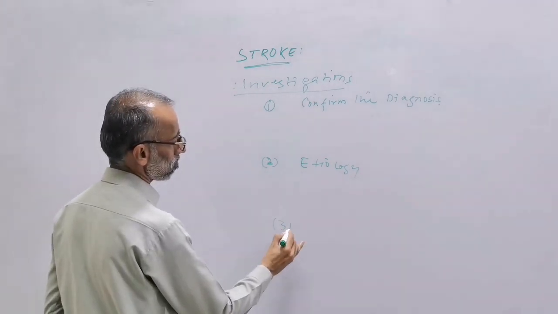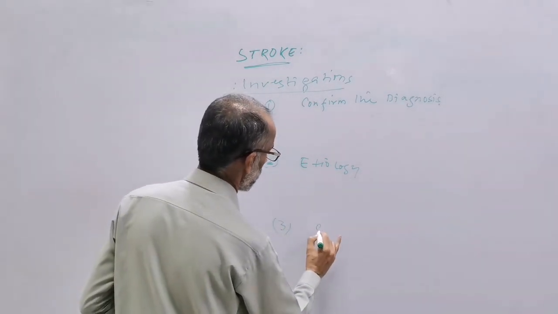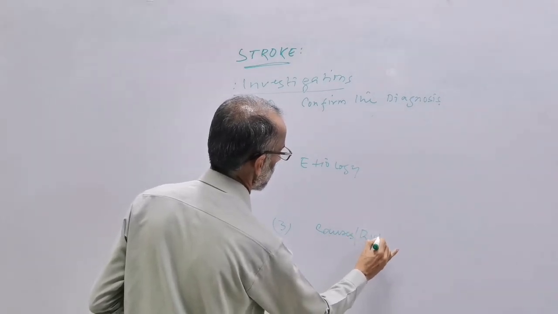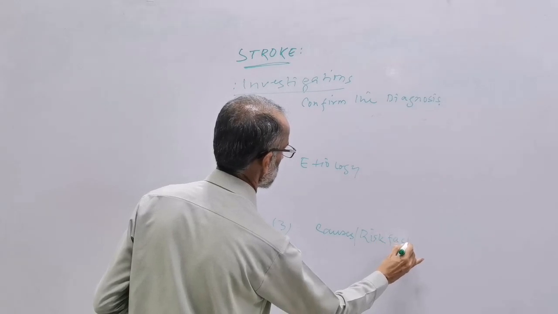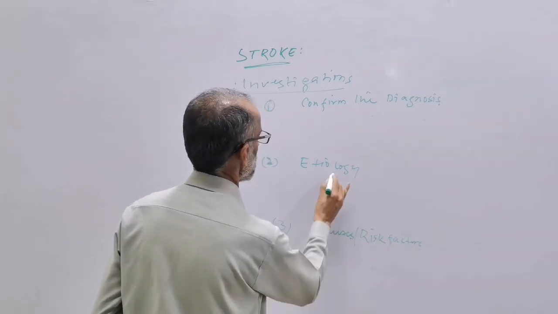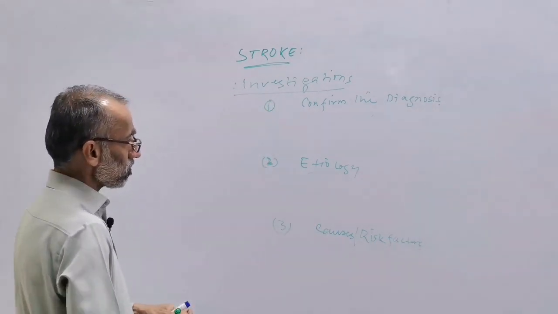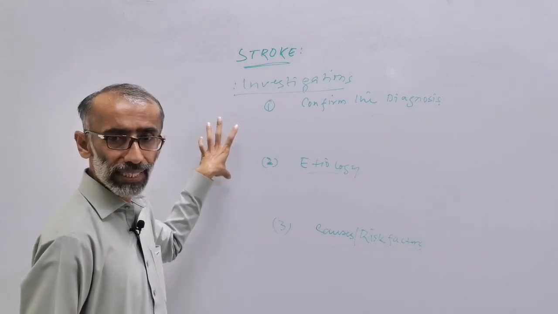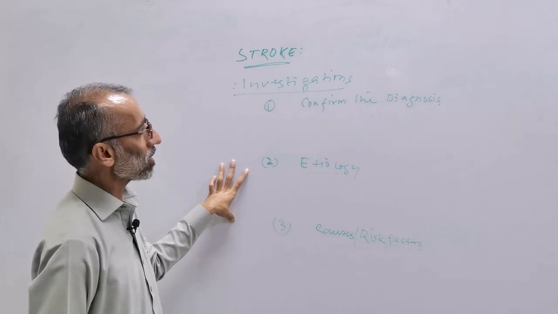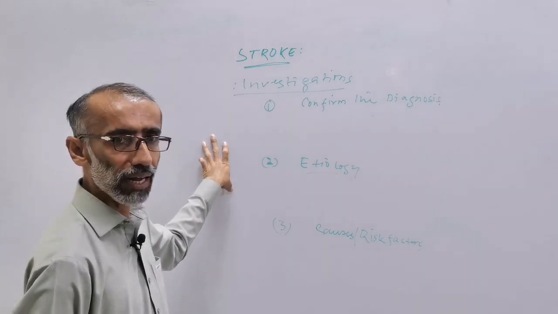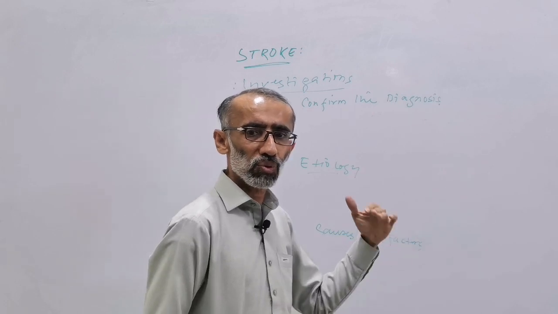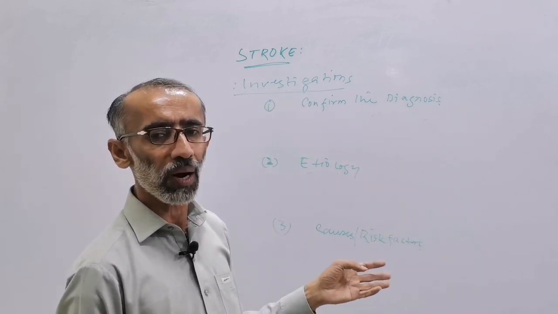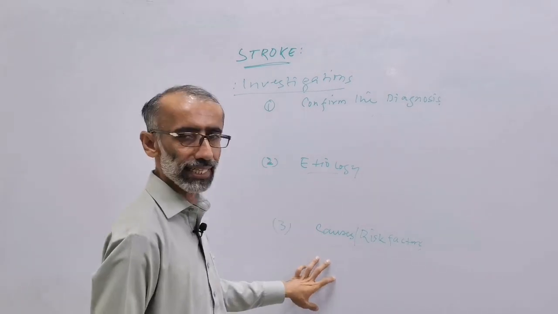Third, to find out causes or risk factors. Investigation for a stroke is divided into three categories. First of all, we have to confirm our diagnosis. Then we have to find out the etiology and risk factor.